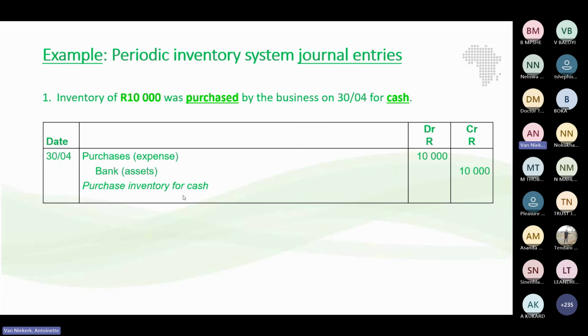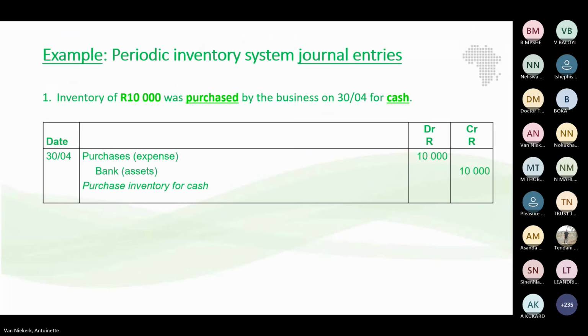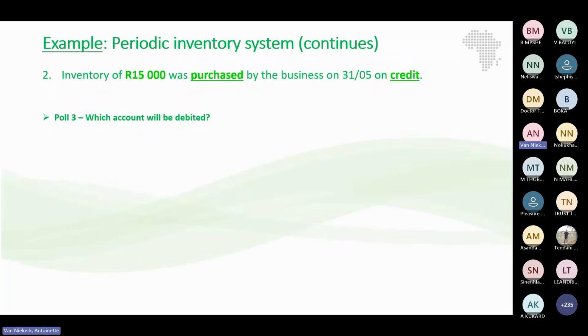Then here we give you a little narration where we just say what happened. Purchased inventory for cash. Okay, so it's straightforward. We could have done this first and then the T accounts, just to show you how it looks. Now, this transaction, the second transaction, let me find my poll.